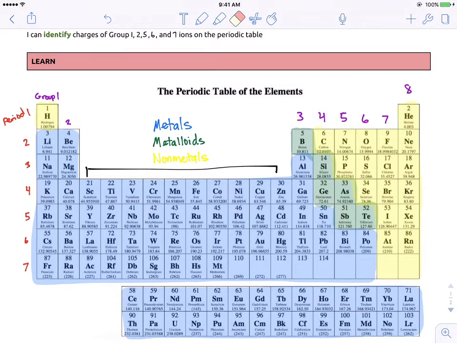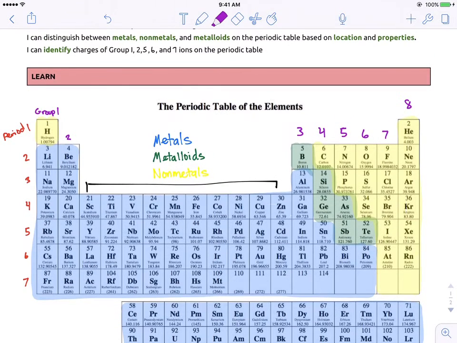Now it turns out that this periodic table is organized based on a lot of properties, but one of the important ones are the positions of the electrons. And so what I'm going to help you do is figure out the charges of groups 1, 2, 5, 6, and 7 ions in the periodic table.